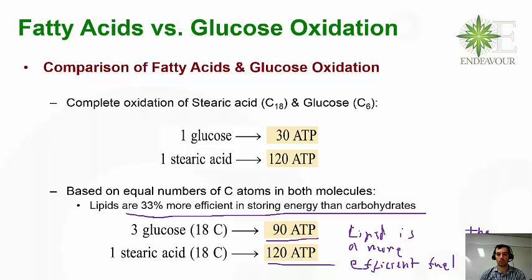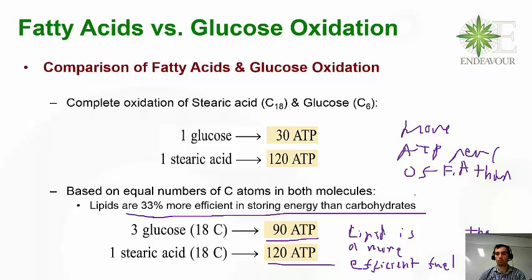And this is because you get more ATP per carbon of fatty acid than glucose. Okay, so you probably heard before that fats are more energy efficient than carbohydrates, and this is why.